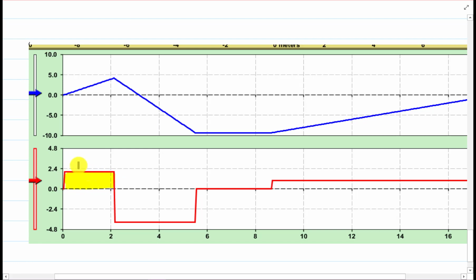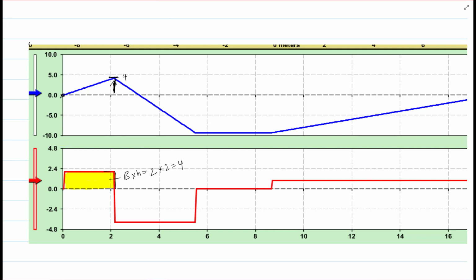This area is base times height, and that's 2 and 2, that's 4. That means that position there is 4 because I started at 0. If I didn't start at 0, I could have started here and went up 4. We just know that you changed 4. We didn't know where we started. Given where we started, yes, we could calculate it.